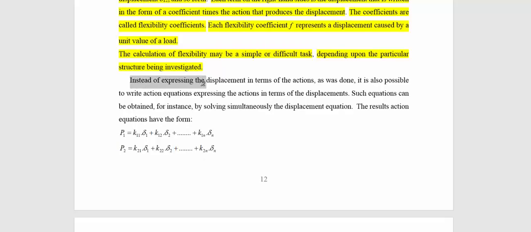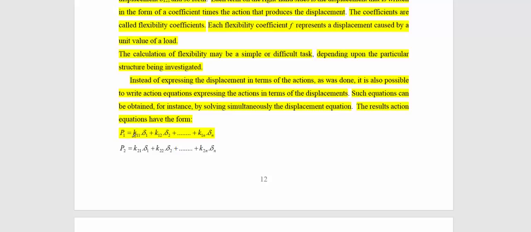Instead of expressing displacement in terms of the actions, as was done, it is also possible to write action equations expressing the actions in terms of displacement. Such equations can be obtained, for instance, by solving the displacement equations simultaneously. The resulting action equation has the form P1 equals K11 times delta 1 plus K12 times delta 2 plus K1n times delta n.